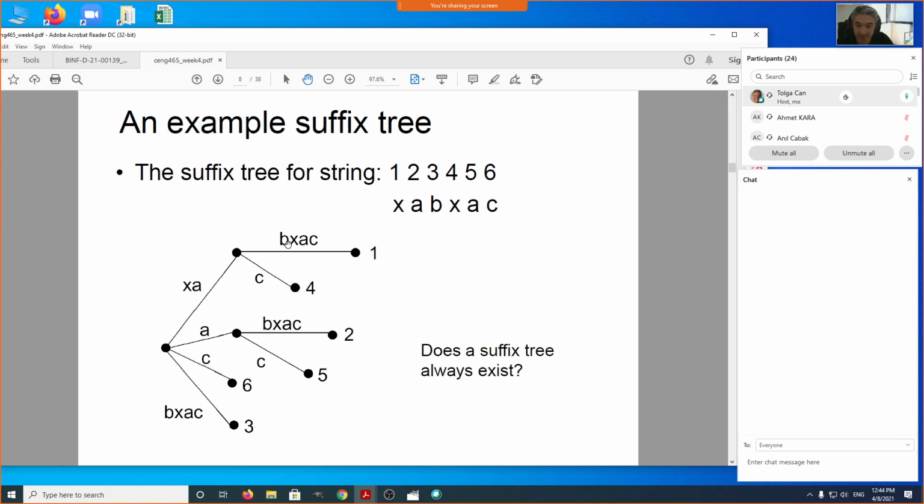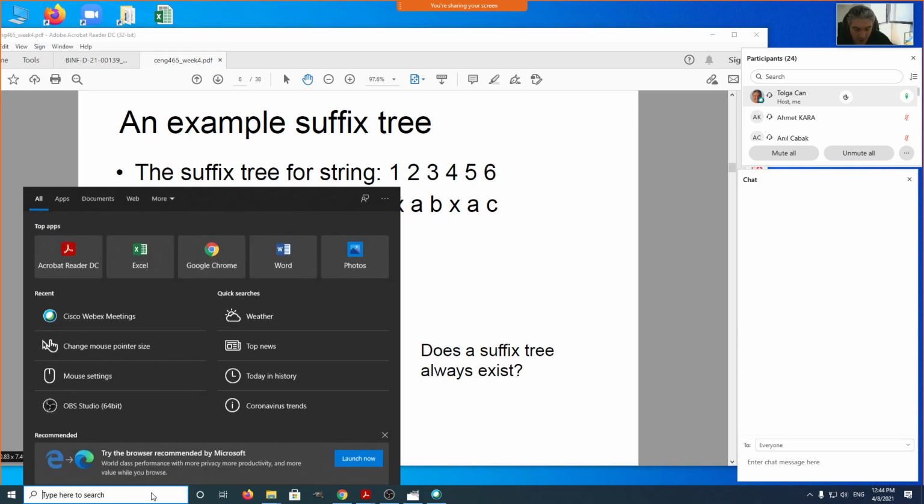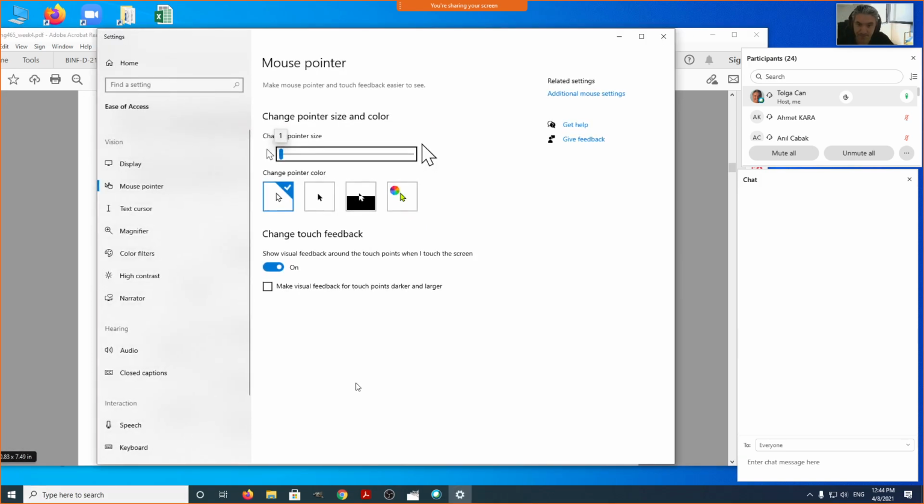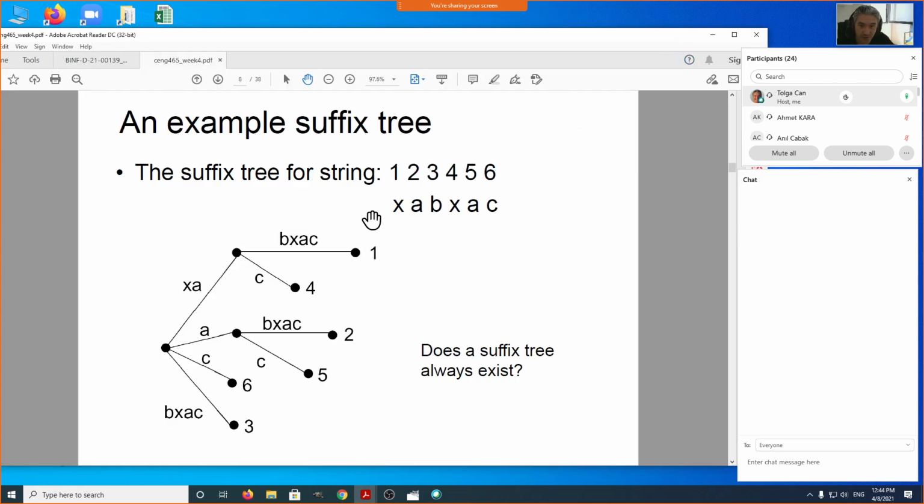Okay, so xabxac, for example, is this one. There's also an xac. So this xabxac, which is the entire string, and xac, which is this fourth suffix, 1, 2, 3, 4. Let me change the mouse pointer size. This one, as you can see, the fourth suffix is xac.